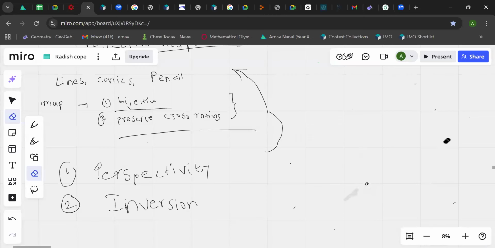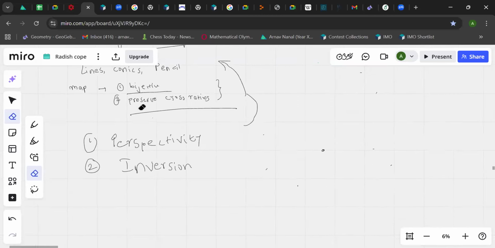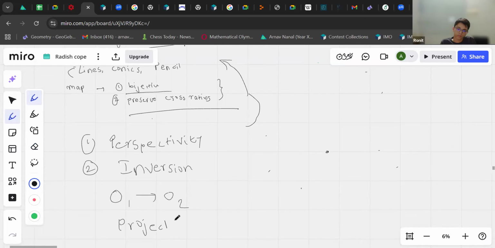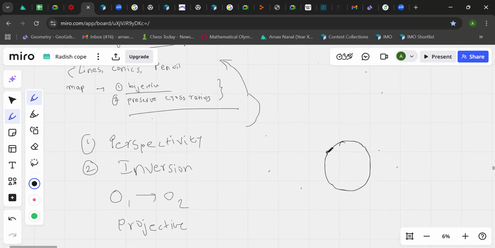Inversion swapping two objects, like from O1 to O2, is definitely projective. Let's say you have a point on this circle, and you invert the circle about this point with some radius, and it goes to this line.